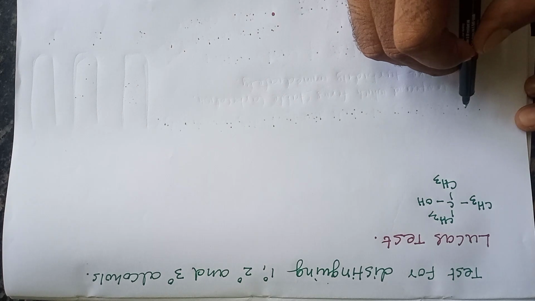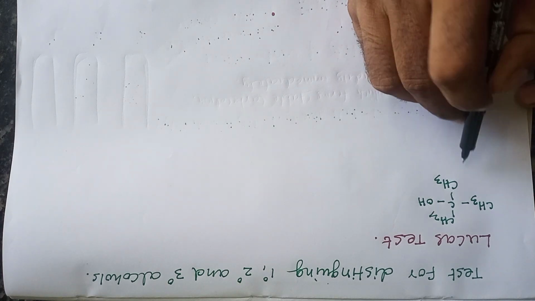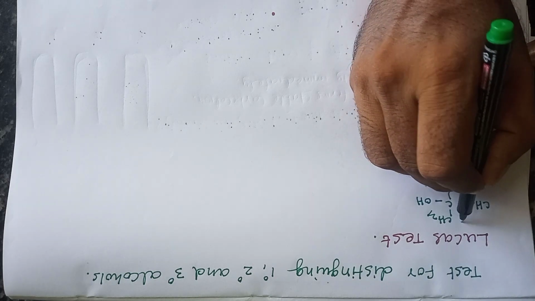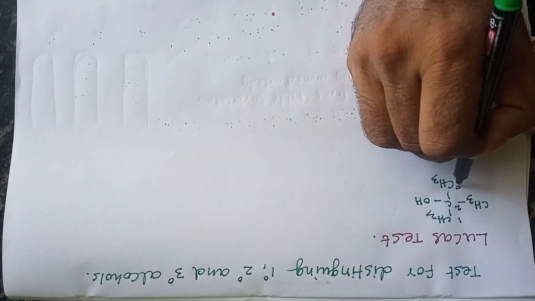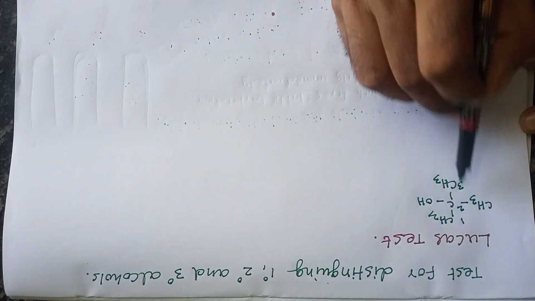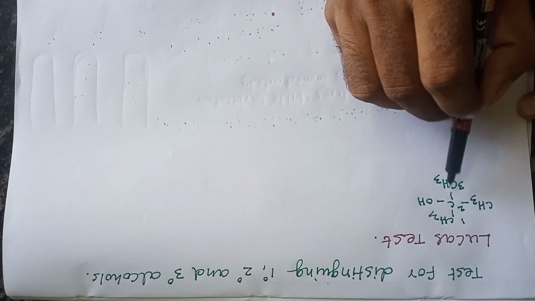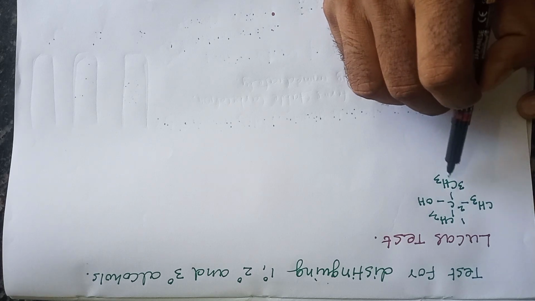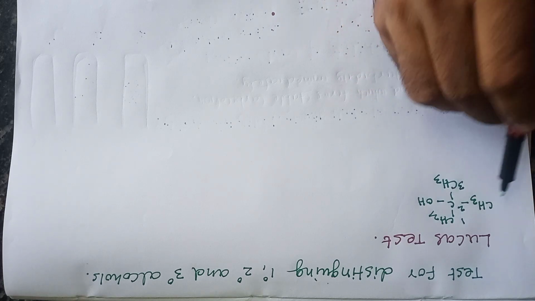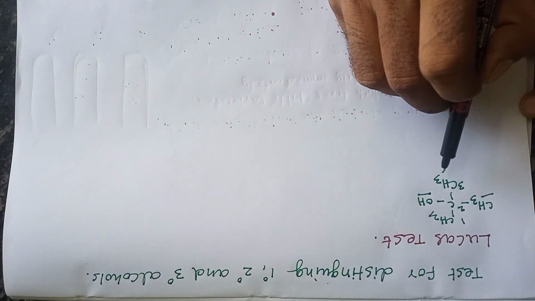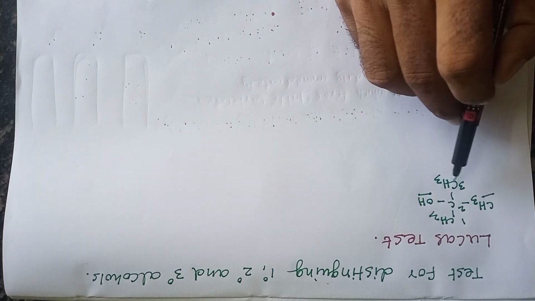This is a tertiary alcohol. Its common name is tertiary butyl alcohol. For the IUPAC name, number the carbons 1, 2, 3. Three carbon is the longest carbon chain, so the parent hydrocarbon is propane. In the second carbon there is one methyl group and one OH functional group.